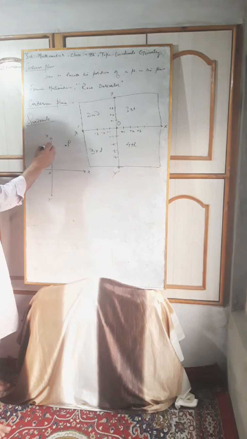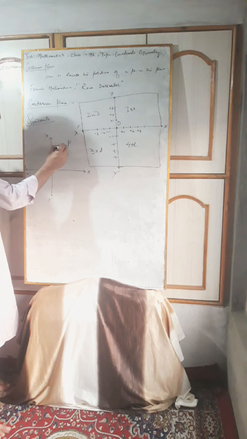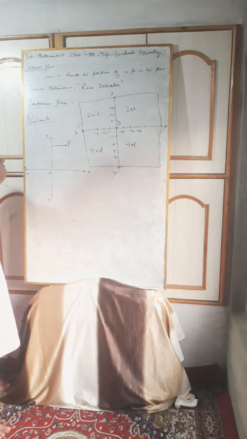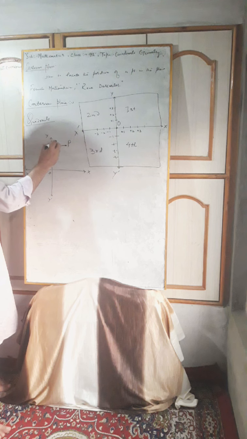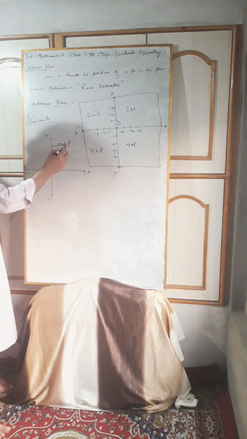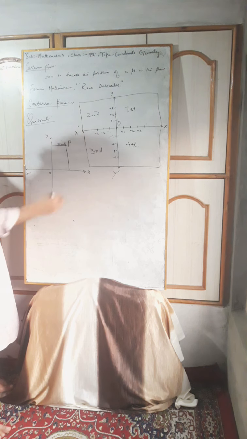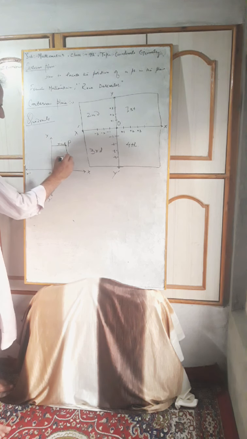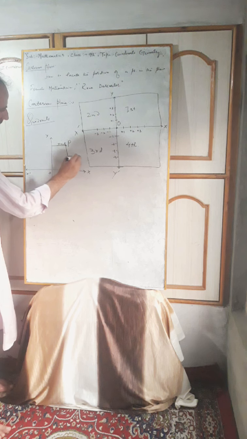The perpendicular distance from the y-axis to the point P, suppose it is x units, and the distance from the x-axis to the point P, suppose it is y units.